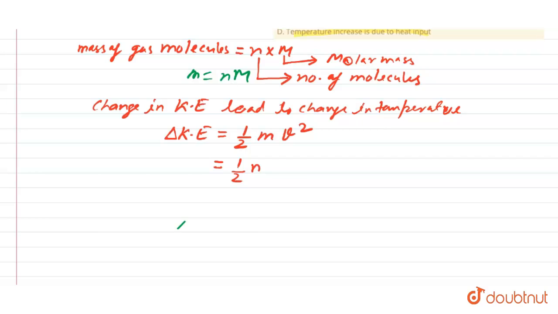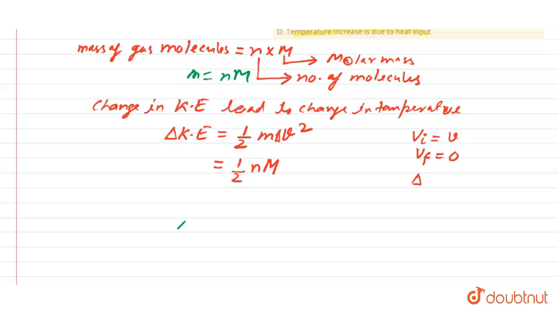And v is the change in the velocity, that is delta v. The initial velocity vi is equal to v and vf is equal to 0.